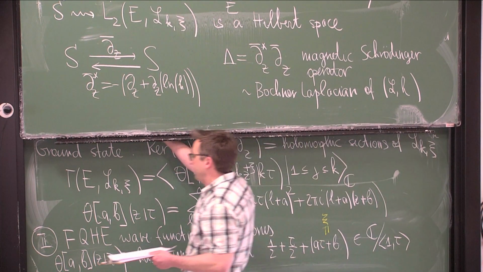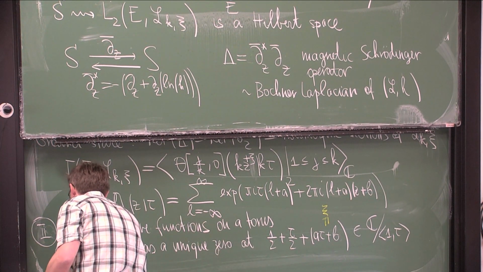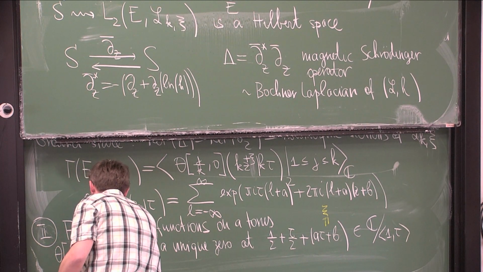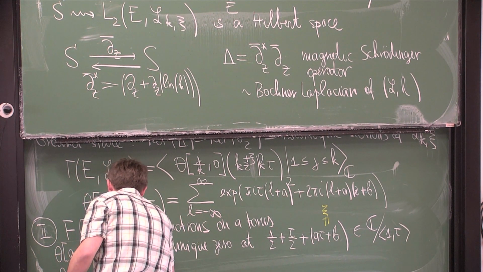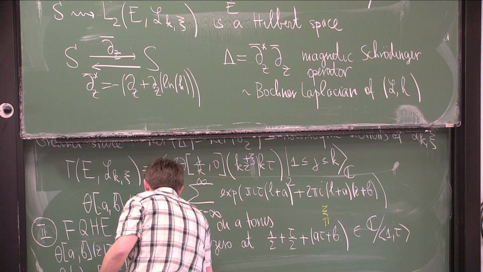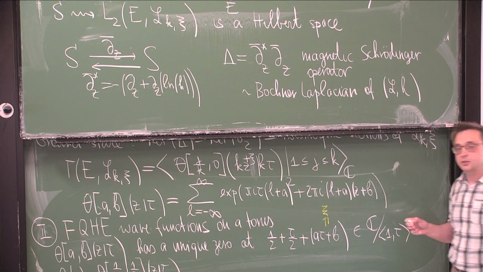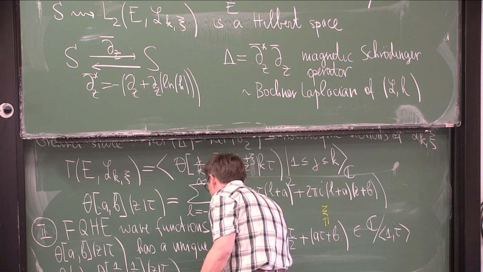Of special interest is the case when both a and b are 1/2, because we see from here that theta z vanishes at the lattice points.